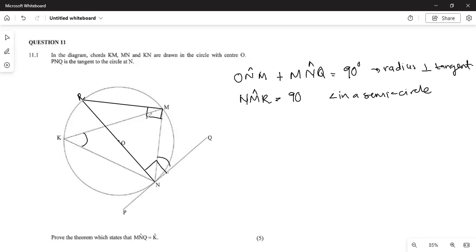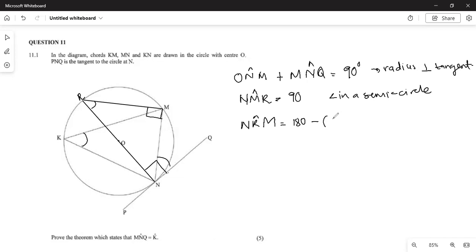Now we want to calculate that angle over there, which is NRM. We'll say it's equal to 180, which is the sum of angles in the triangle, minus the other angles.